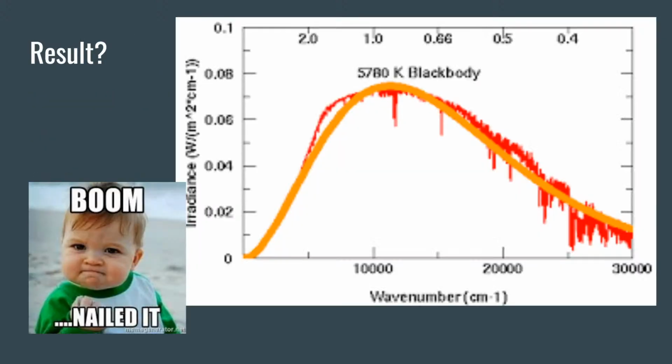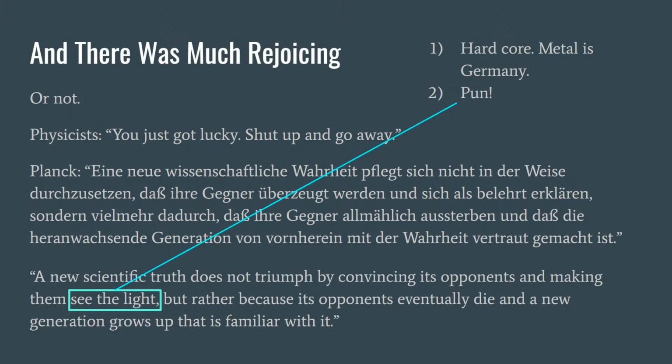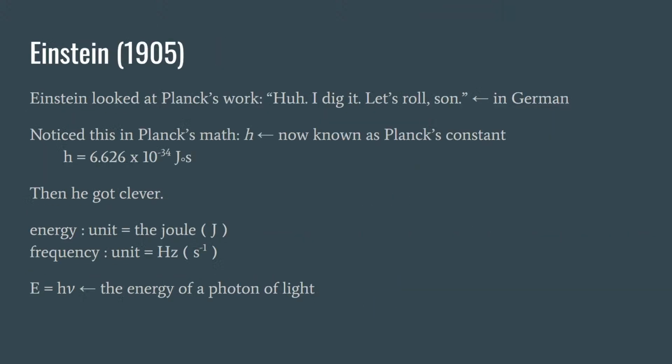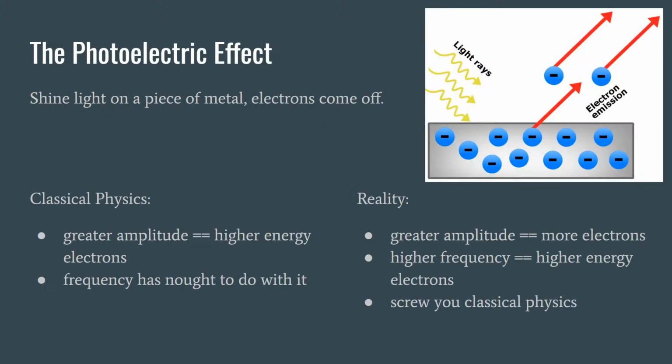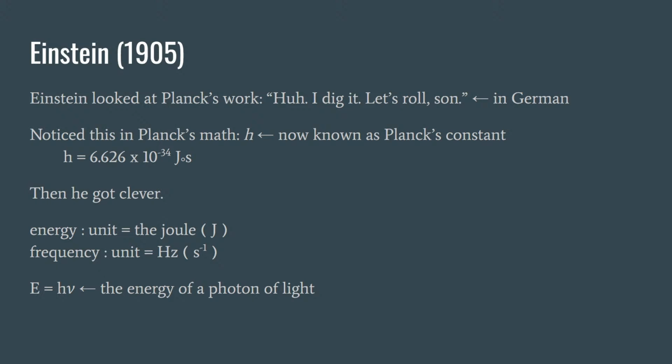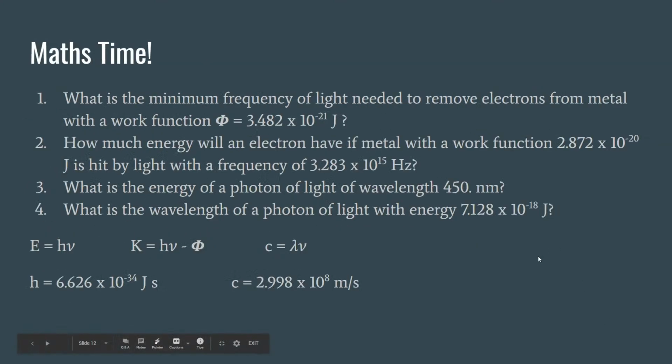And then from that, he got the Planck constant, which Einstein used to explain the photoelectric effect. Photoelectric effect, they'll definitely ask you some math problems from that. And he confirmed quantum mechanics. He confirmed the existence of the photon. So those are the things you're going to need to remember from this.